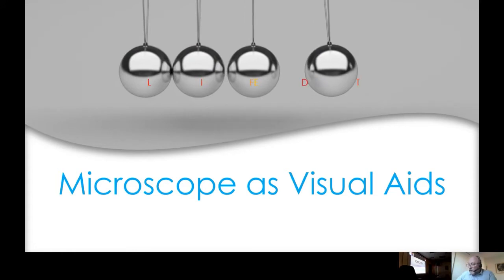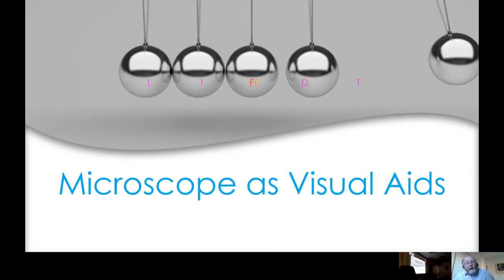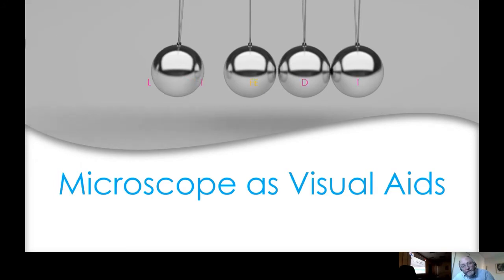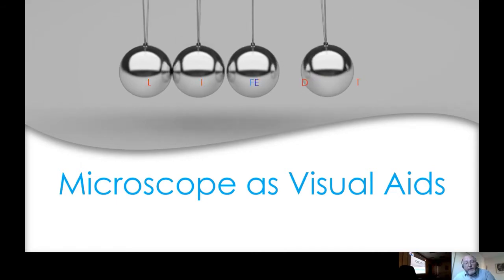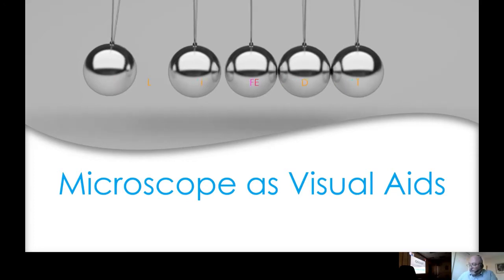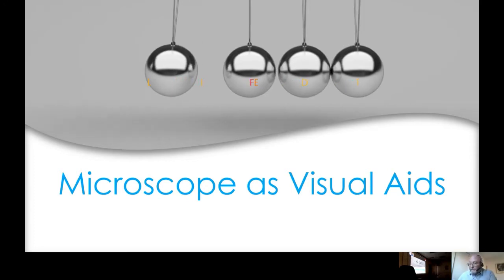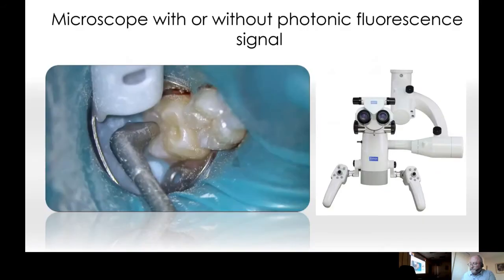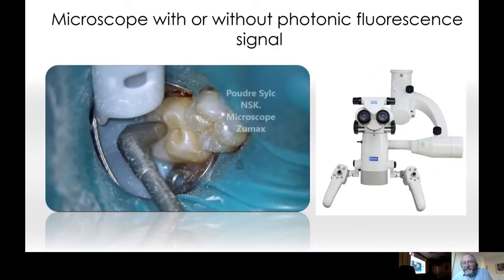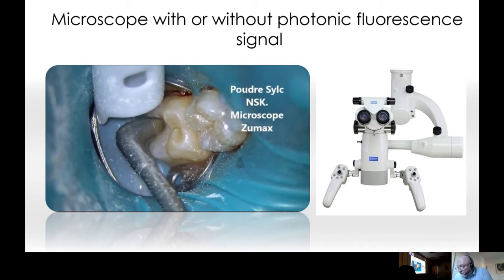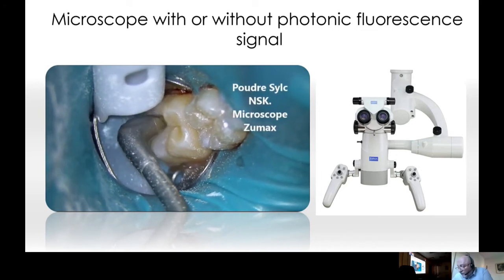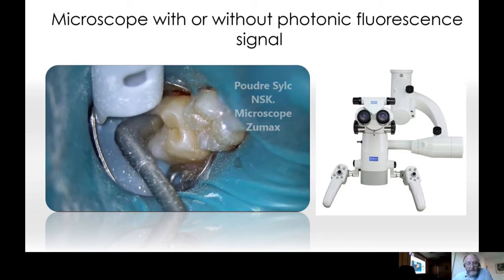So new generation of microscope combine high level of magnification, photonic fluorescence signal, and high definition picture and video. And the range of magnification goes from 3.1 to more than 30-fold magnification. So precision, high magnification open new horizon and more reduced muscular fatigue due to a better working position.